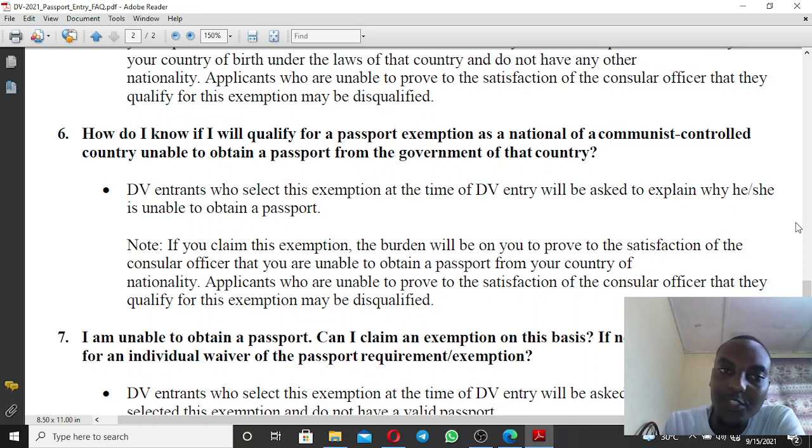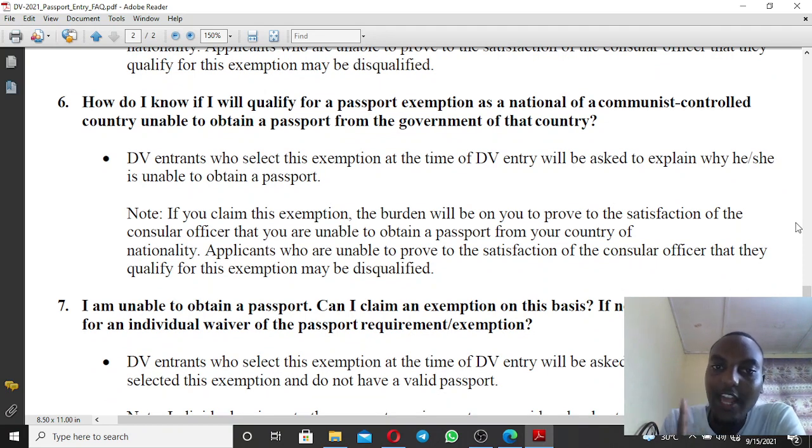And note that if you claim this exemption, the burden will be upon you to prove to the satisfaction of the consular officer that you are unable to obtain a passport from your country of nationality. Applicants who are unable to prove to the satisfaction of the consular officer that they qualify for this exemption may be disqualified. So if you can't prove it, you will be disqualified.